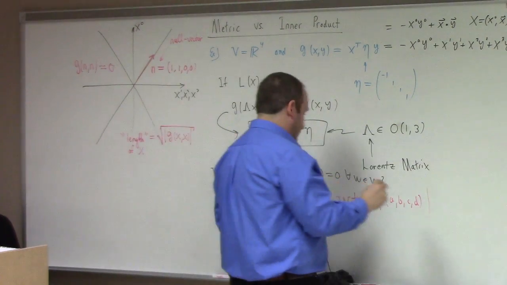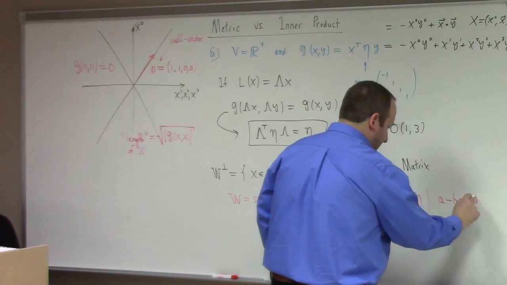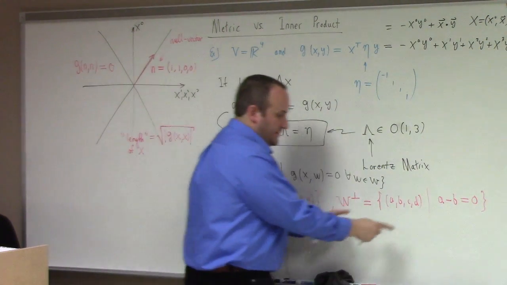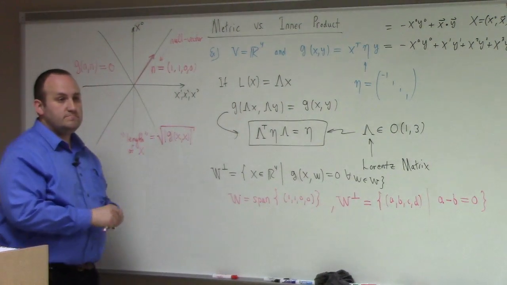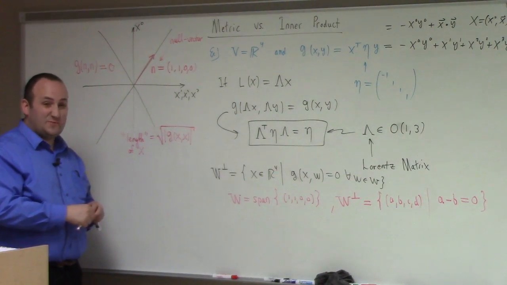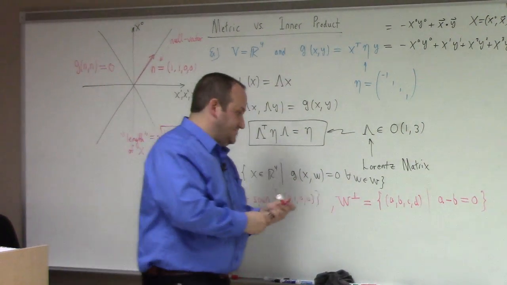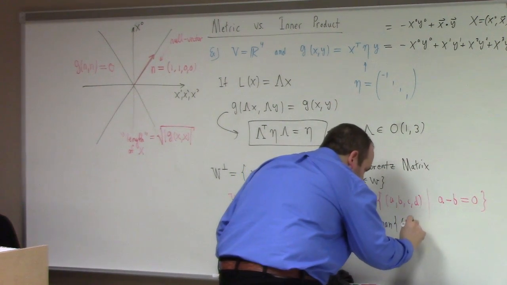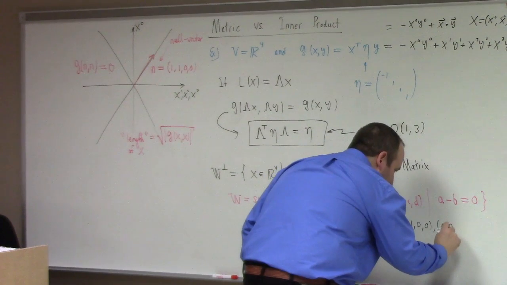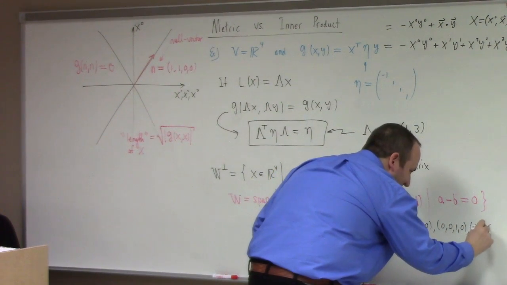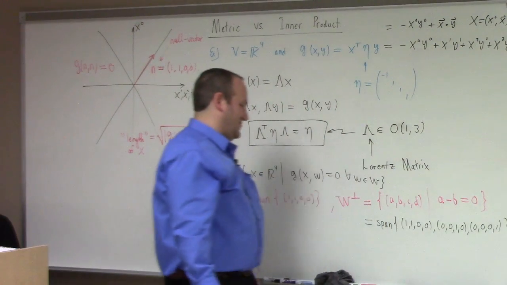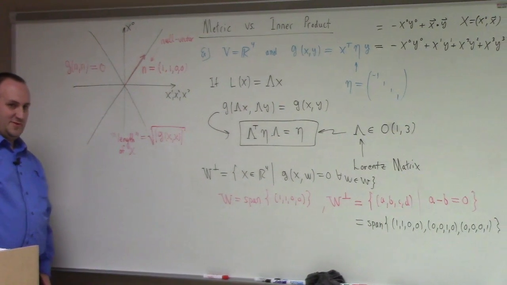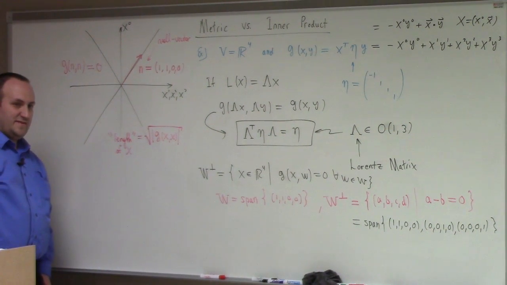That simply gives you the equation A minus B equals 0, because that is what we get from taking the product of this and that. That says A is equal to B. So long story short, this is the span of 1, 1, 0, 0, 0, 0, 1, 0, 0, 0, 0, 1. Oh no. That's not cool. What's the relation of W and its perp?